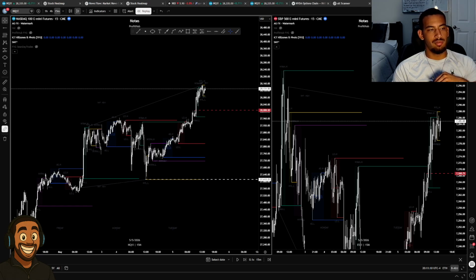We have key levels like London highs, London lows, these session levels, as well as the new week opening gap, contract rollovers, and the new monthly candle.